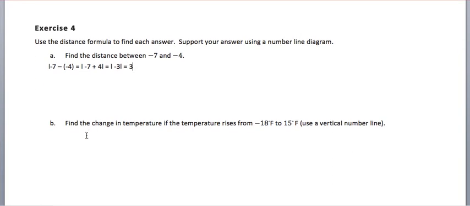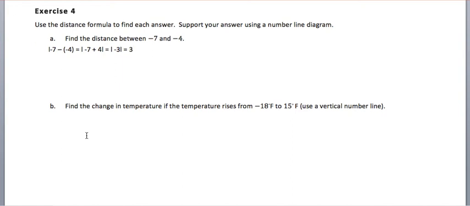In part B, find the change in temperature if the temperature rises from -18 degrees Fahrenheit to 15 degrees Fahrenheit. And in this example, you'll draw a vertical number line. But mathematically, we are looking at -18 minus 15.